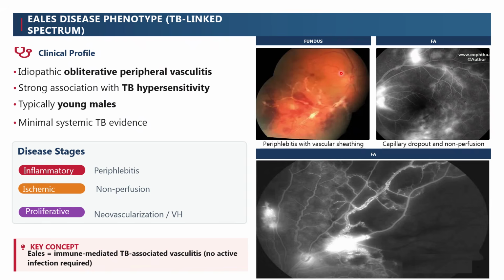So as a student, when you are asked about retinal or vascular involvement in tuberculosis, you have to mention the vasculitis related to tuberculosis in the form of occlusive periphlebitis, or the Eales-like phenotypic presentation. Now, the first question: how do we differentiate this Eales-type phenotypic presentation from the classical occlusive periphlebitis in tuberculosis?